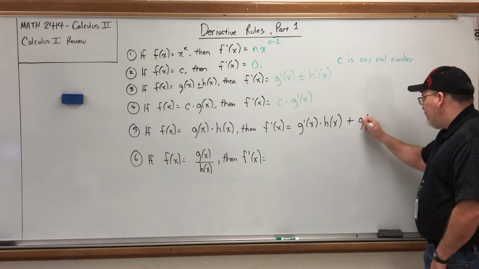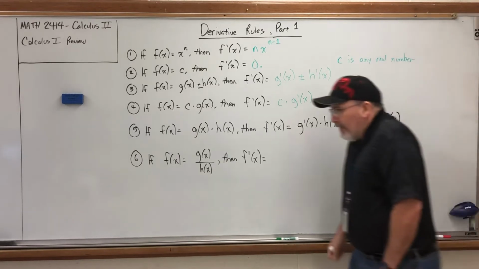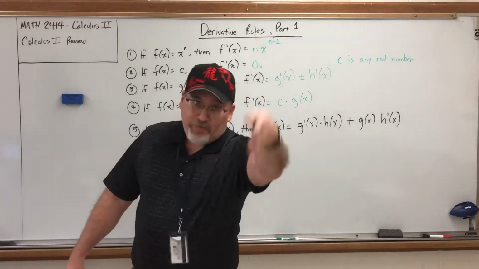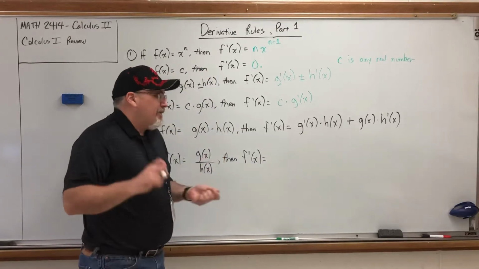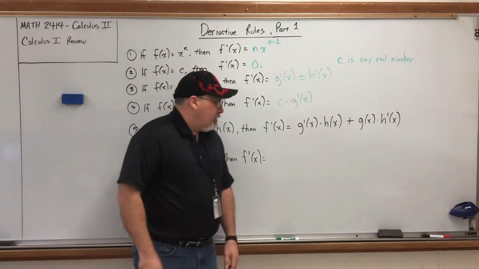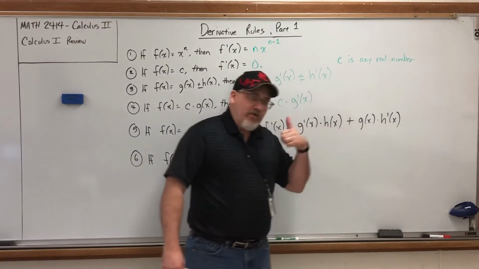In other words, g of x times h prime of x. There's a variety of ways of saying this. Derivative of the first times the second, plus the first times the derivative of the second. But no matter what gimmicky way you remember the product rule, the essence of it is you just take the product of one factor at a time, and then you add the results together.